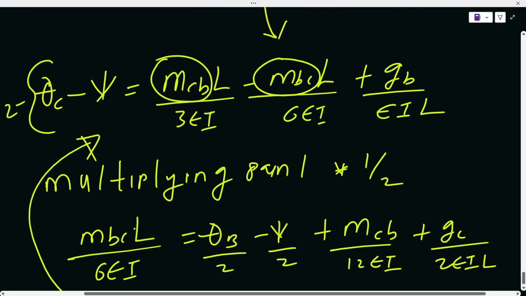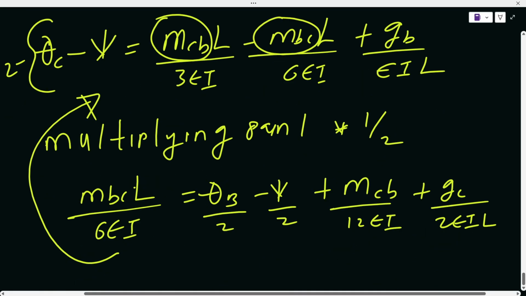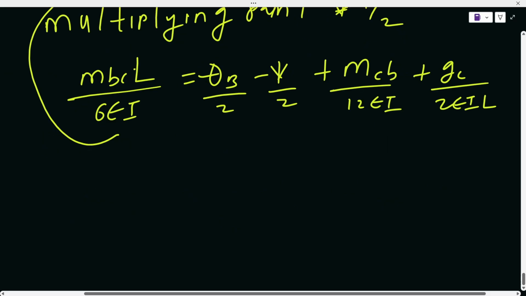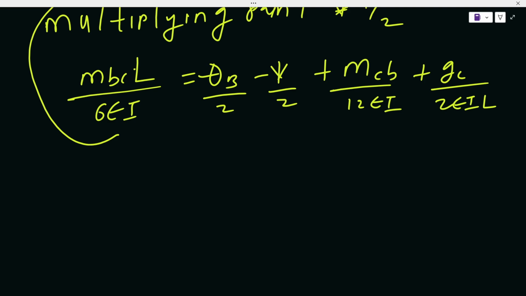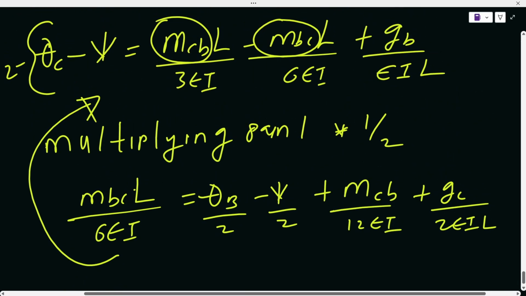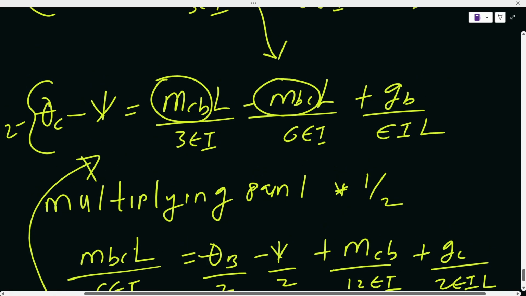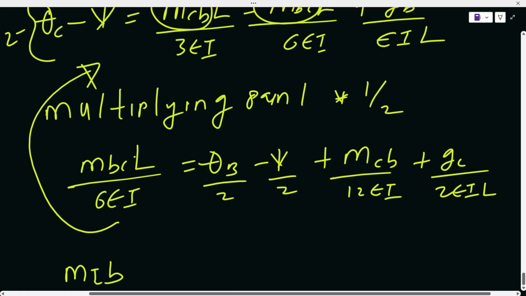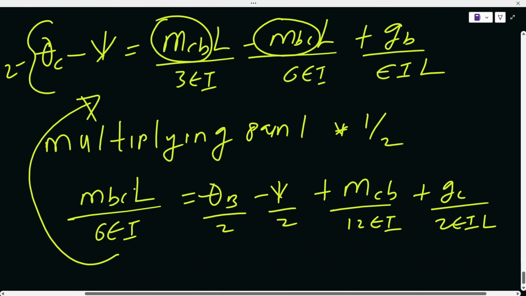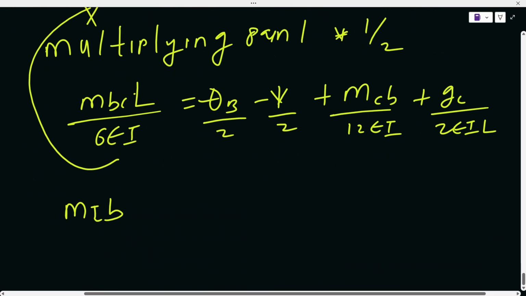I'll just substitute directly. Upon substituting, it's a long process, so you can just solve it, but what you have is this. You're substituting for MBC inside equation 2, so it means that it will just be MCB that will be left.